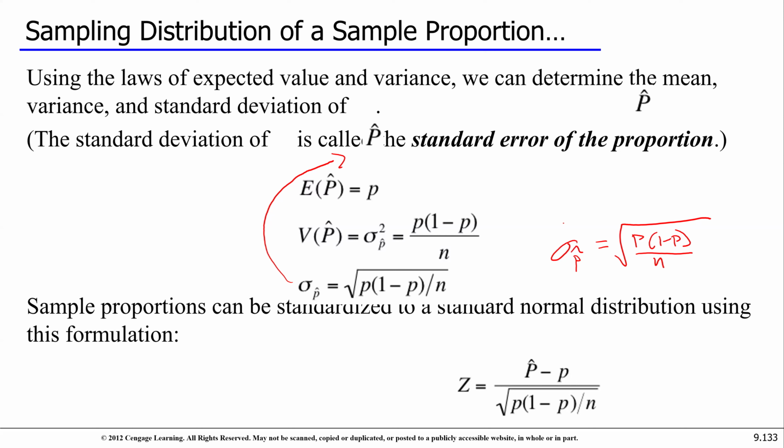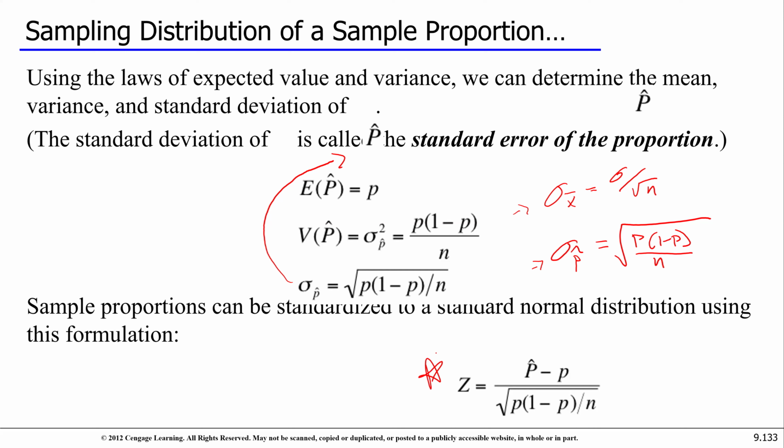This is very similar to the standard error of the sample mean. Remember, this symbol is for this right here, which was for the previous one we just did. They're very similar in terms of their symbol, but the setup is a little different. The way we standardize now is this right here.